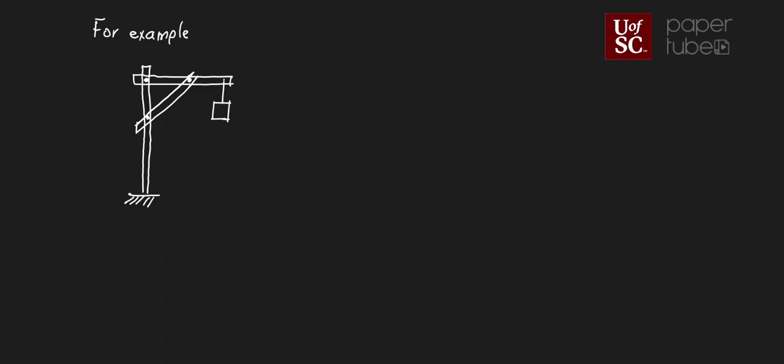So let's start with this member over here. I can see that it is only connected by pins, and it does not have any forces in the middle of it or at the end. So in this case, this is a two-force member.